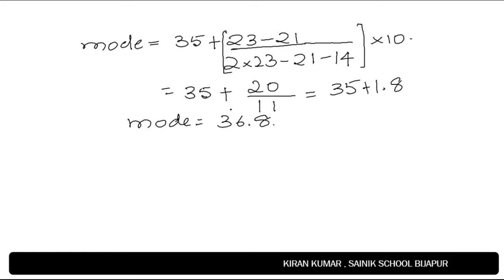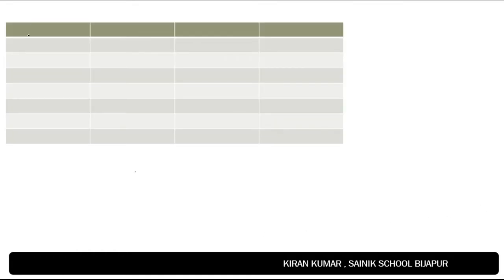To find the calculation with respect to mean, we need to follow a table. So first let me mention the class interval, then the respective frequencies, then the mid values, then the product of frequency and the mid values.